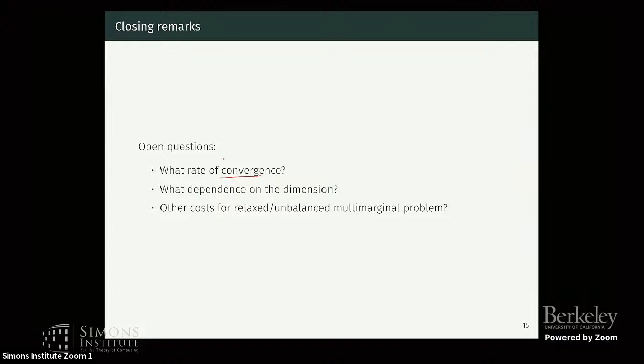And so how does this work in this case? Also, another interesting question: I know some people are interested in other costs, but this variance inequality, I don't know what they mean with this other cost. I don't have this interpretation. So this is another open question. And that's it. Thank you for your attention.